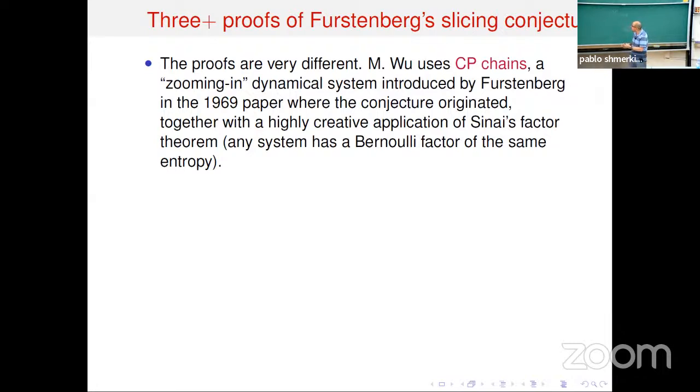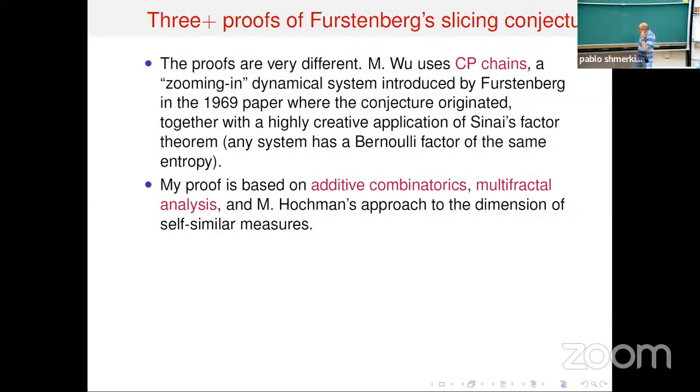And Furstenberg showed that there are many large slices, but not enough to conclude the conjecture. And then Meng Wu found a way to refine the method to show that there are even many more large slices, and this was enough to deduce the conjecture. And he obtained these many more large slices as a very unexpected application of Sinai's factor theorem, which is a classical theorem in ergodic theory.